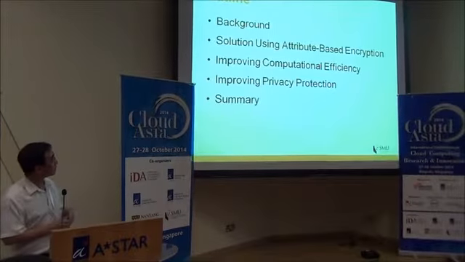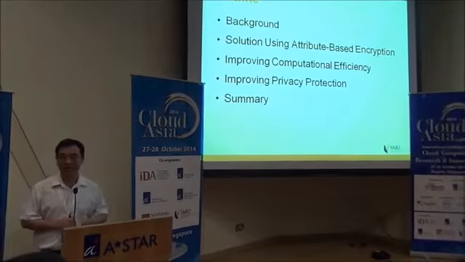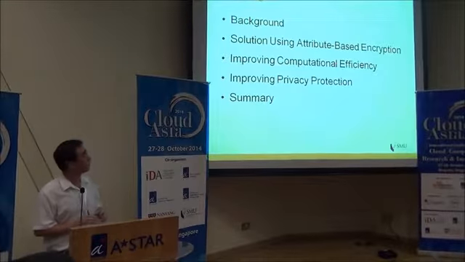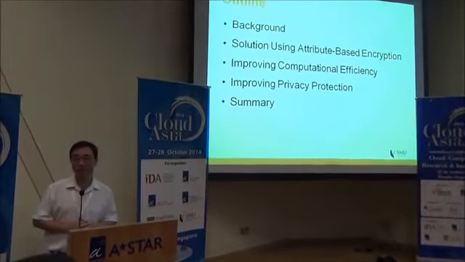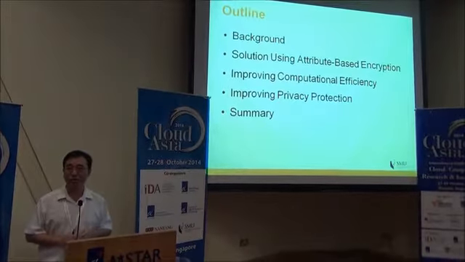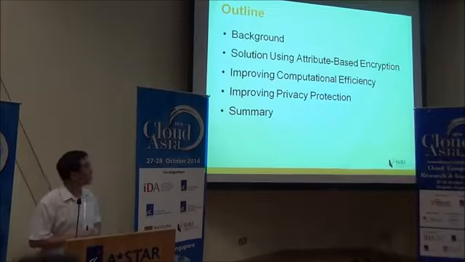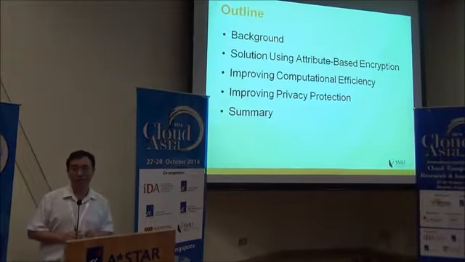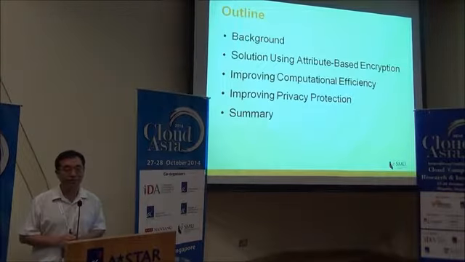So I have this is the agenda. So I start with quick background information, and then I go straight away to the basic solution. The basic solution is using attribute-based encryption to perform encryption and access control.